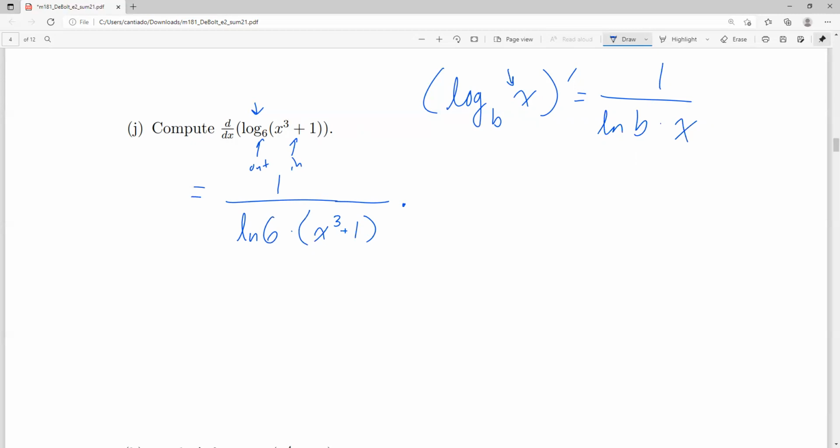The derivative of x cubed plus 1 is 3x squared, right? If we simplify, we get 3x squared over ln of 6 times x cubed plus 1. And that's all it is. Very straightforward. It's just remembering your general derivative log rule, right?